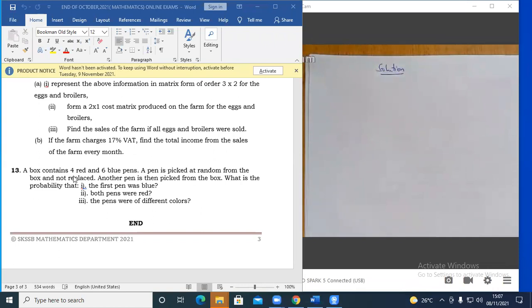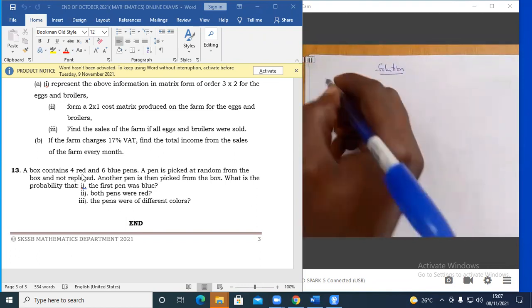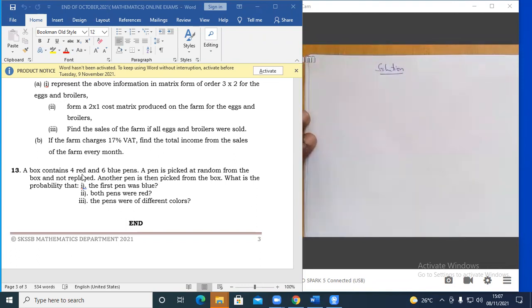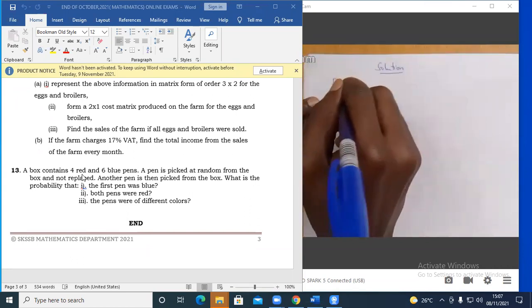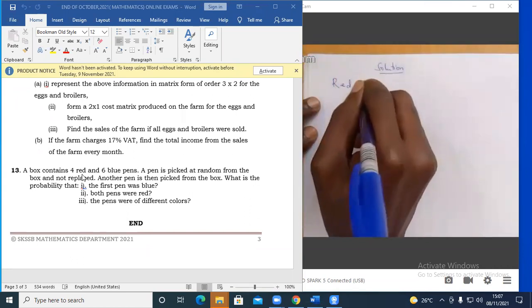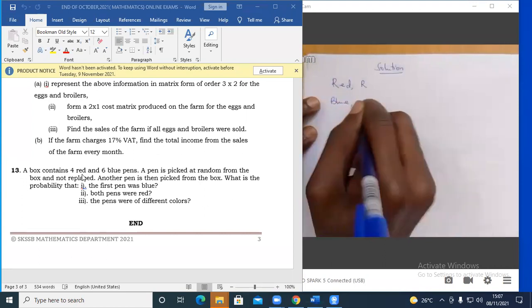A box contains 4 red and 6 blue pens. So here in this box, we have only pens, and there are 2 colors, red and blue.